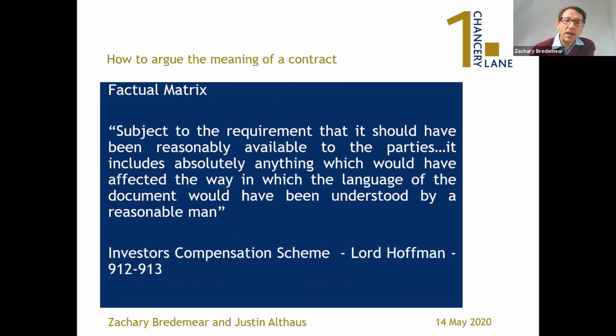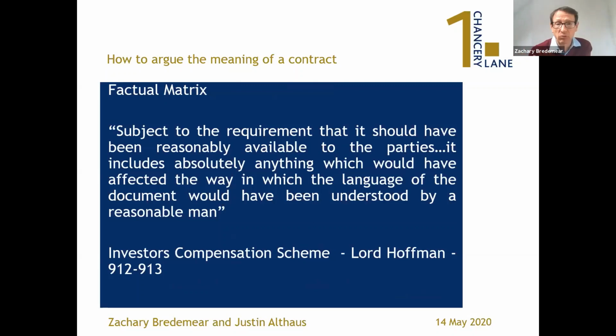So the factual matrix is the next thing to mention. What Lord Hoffmann said in Investors Compensation Scheme was subject to the requirement that it should have been reasonably available to the parties. It includes absolutely anything which would have affected the way in which the language of the document would have been understood by a reasonable man.